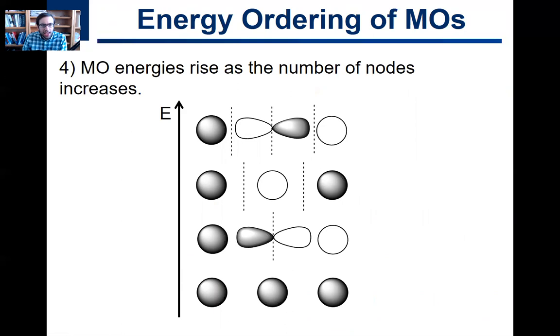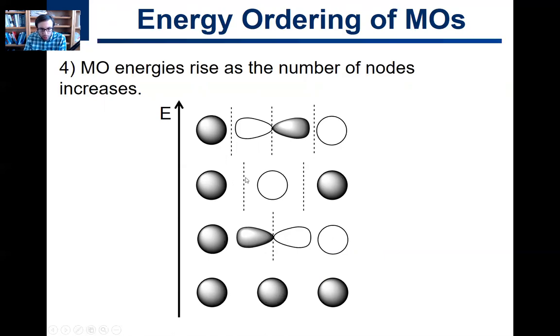And the last thing is looking at the number of nodes. And so the energy of molecular orbitals will increase as the number of nodes increases. And so you can see here at the bottom, all of these are sigma type interactions, right? Now we have 3 different sites. So it's like 3 different atoms, 3 different orbitals, but it's one lobe on one lobe, one lobe on one lobe, one lobe on one lobe.